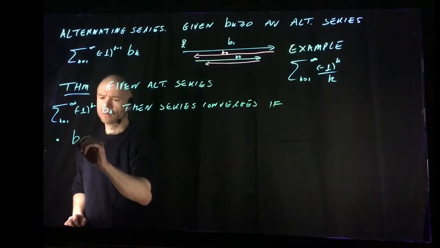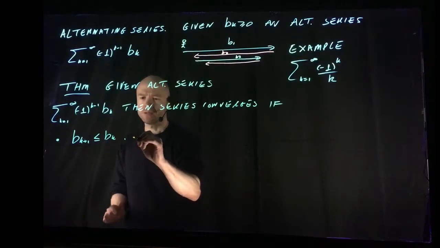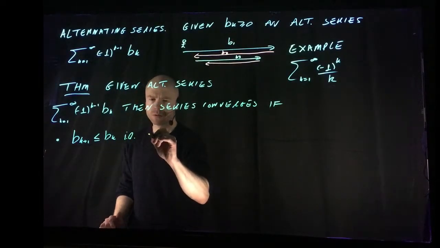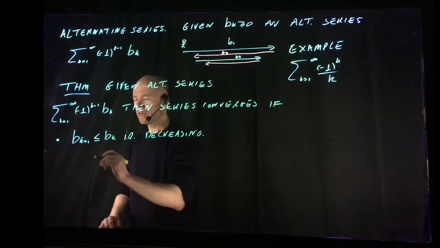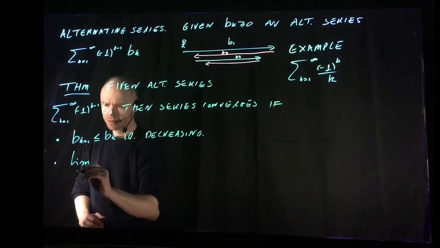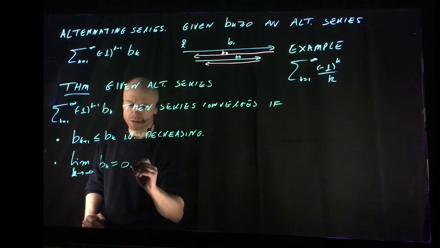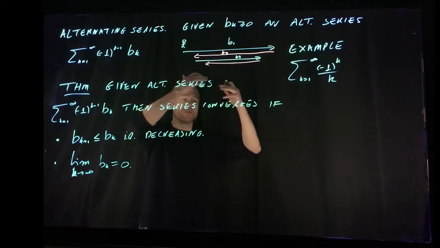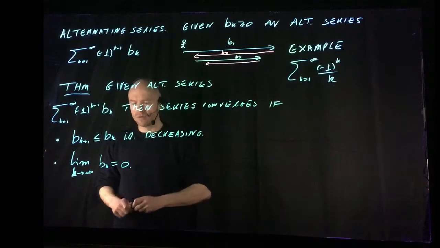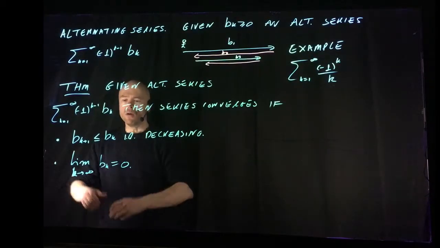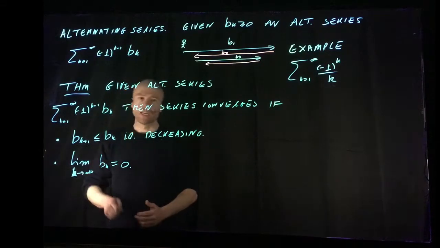One, bk+1 is less than or equal to bk, i.e. decreasing. And secondly, the limit as k tends to infinity of bk equals 0. We know this has to be true for it to converge, because if it's not true, then there's no chance, by the divergence test. We're very happy with this. So we just need it to be decreasing and the limit to go down to 0, and then the series will actually converge.